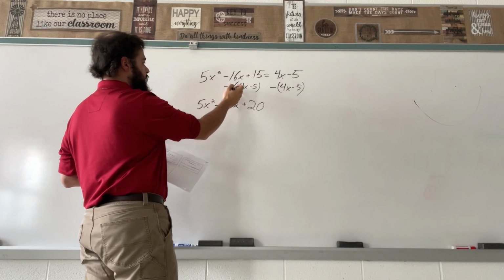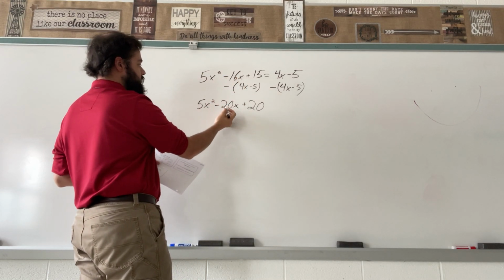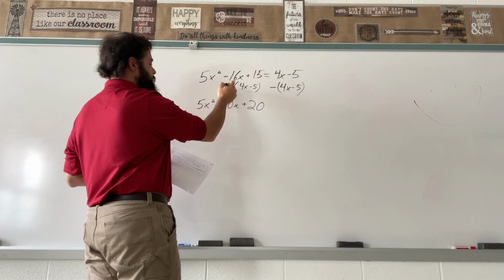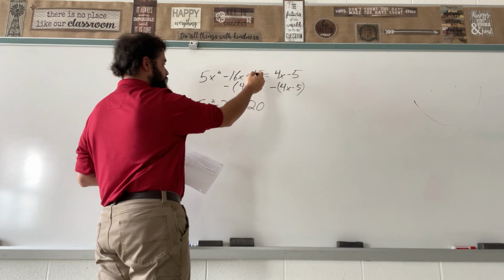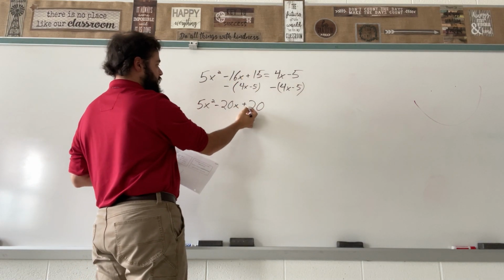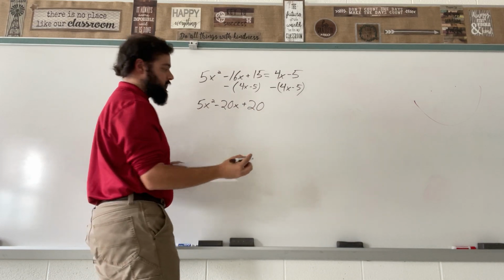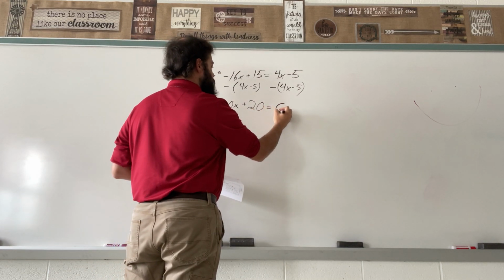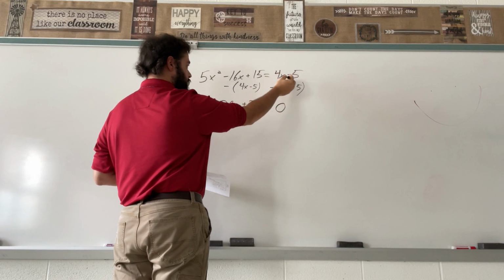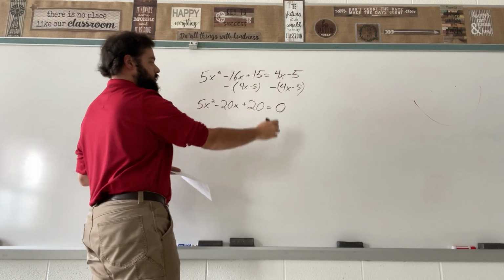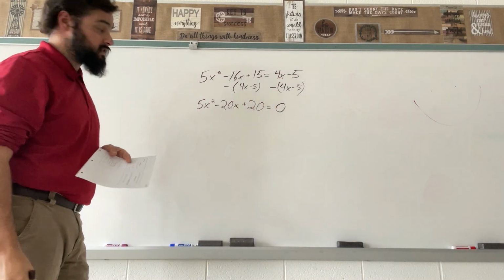So that negative 4x combines with the negative 16 to make a negative 20. And this double negative makes it a positive 5. So you're adding 5 to that 15 there to make 20. Understand? So all of that is then set equal to 0 because we got rid of all of that on this side. So there's a 0 that's left on the right side.